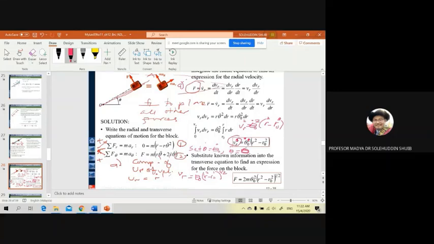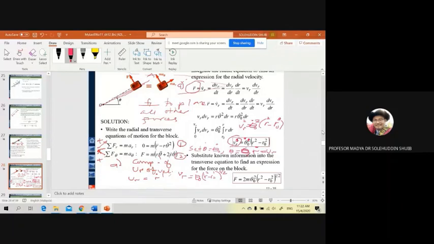And another one is r dot. r dot equals V_r, as mentioned earlier.